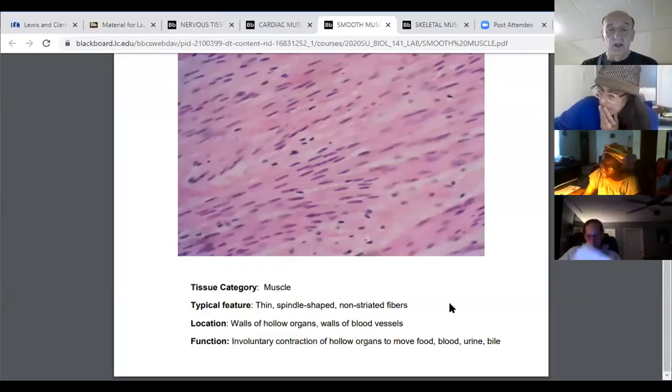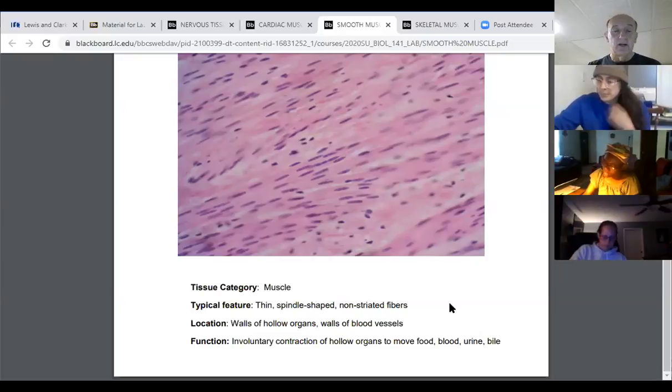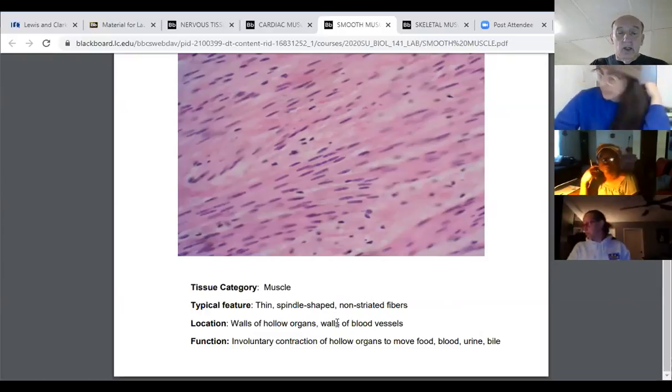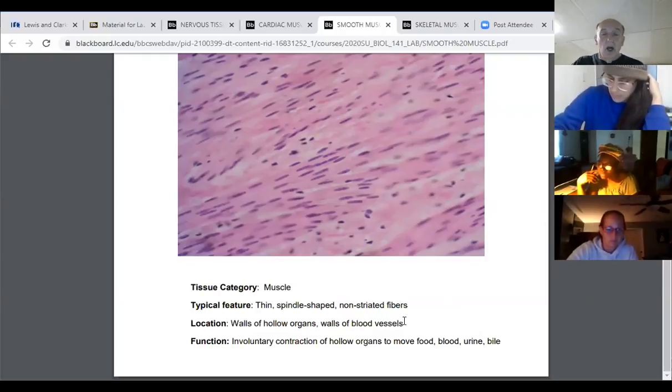Maybe the most familiar, something that we looked at on those models in lab 1, uterus is especially rich in smooth muscle. Vas deferens or ductus deferens in the male reproductive system also has smooth muscle, but they're all in the walls of these organs. So this is the best way to express location of smooth muscles.